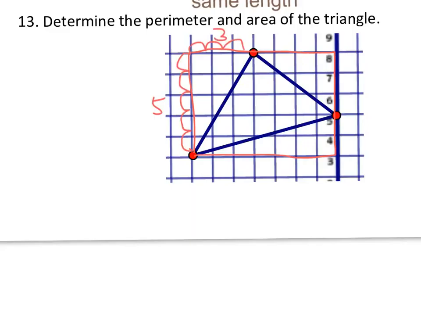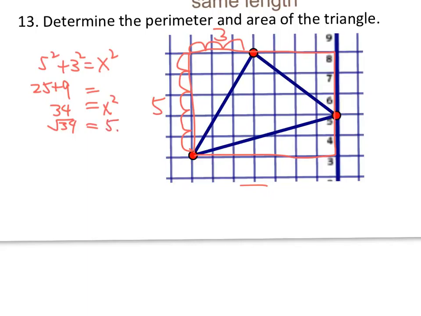The first triangle is 5 by 3, so calculating that out, 5 squared plus 3 squared is that first length squared. So that's 25 plus 9, which is 34. So square root of 34 is approximately 5.8. So that first distance is 5.8.